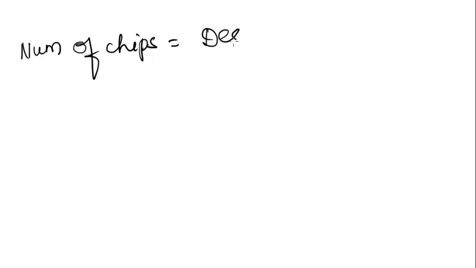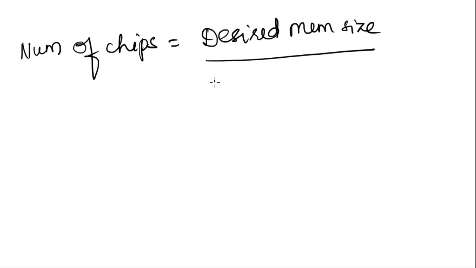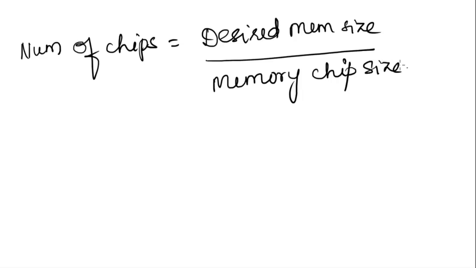So I will give you the general formula: number of chips is equal to desired memory size by memory chip size. Okay, desired memory size by memory chip size. Now for example, they have given the memory size as 512 MB.